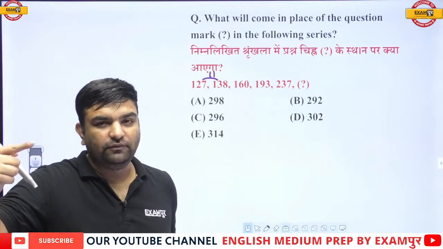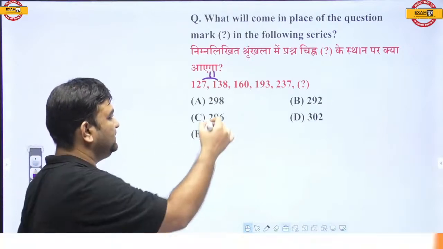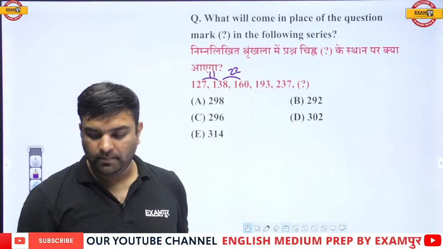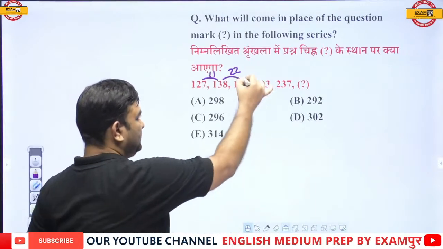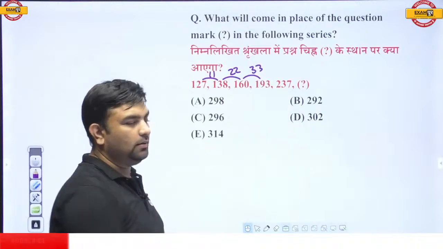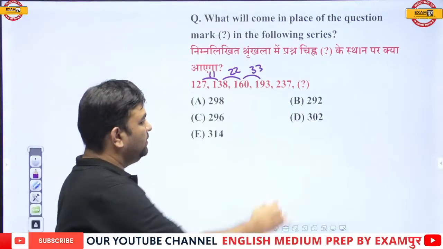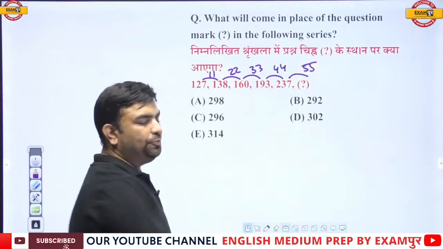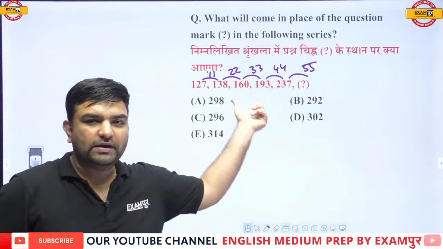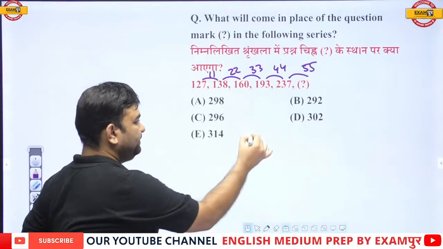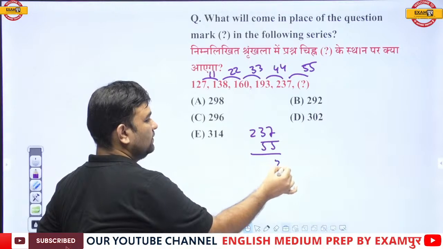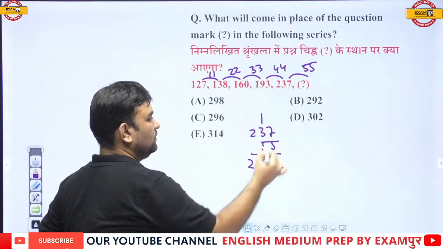It's not increasing very fast. Go for the difference. 11, 22, 33, 44. Very obvious. Next difference should be 55. Answer.